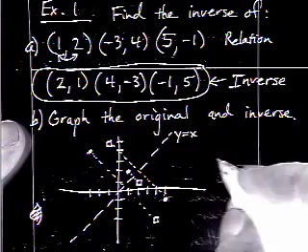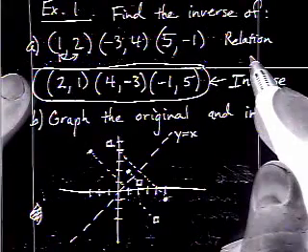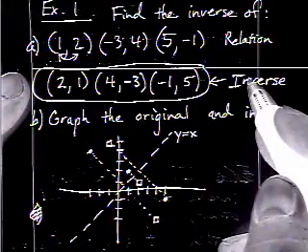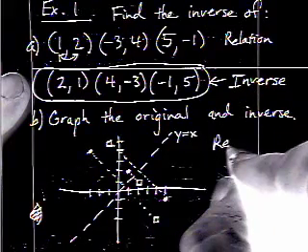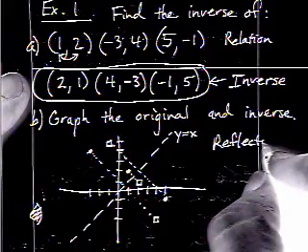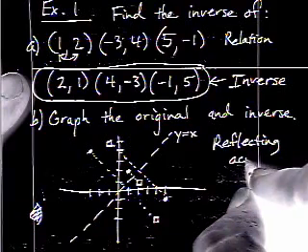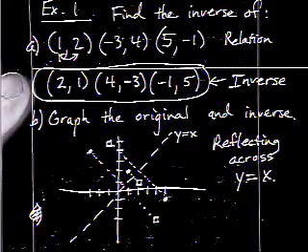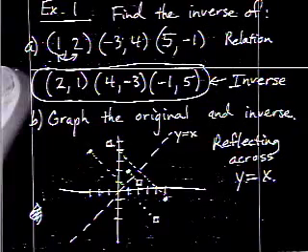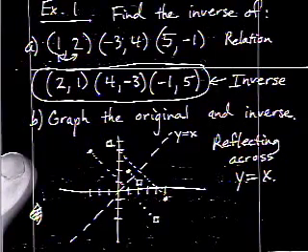So whenever we go from any set of ordered pairs to its inverse, we're switching x and y, we are reflecting across the line y equals x. All right? That's exactly what's happening on the graph.